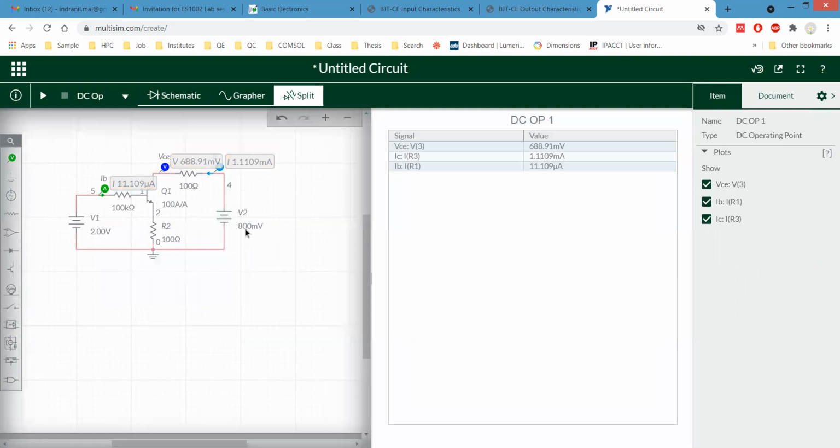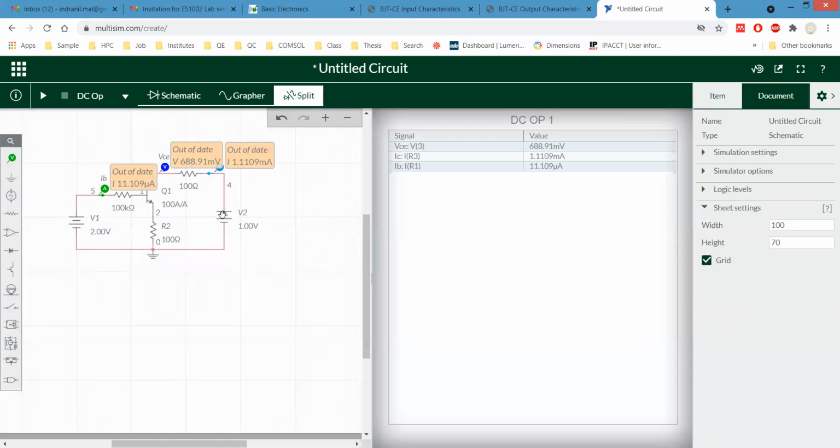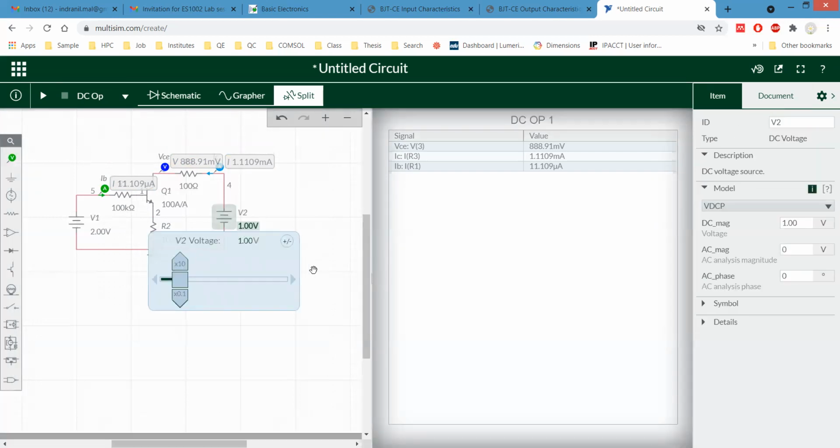Then let's change the value to 1 volt. IC is not changing that much. Okay, so VC is now 0.88. Noted, sir. Okay, good.